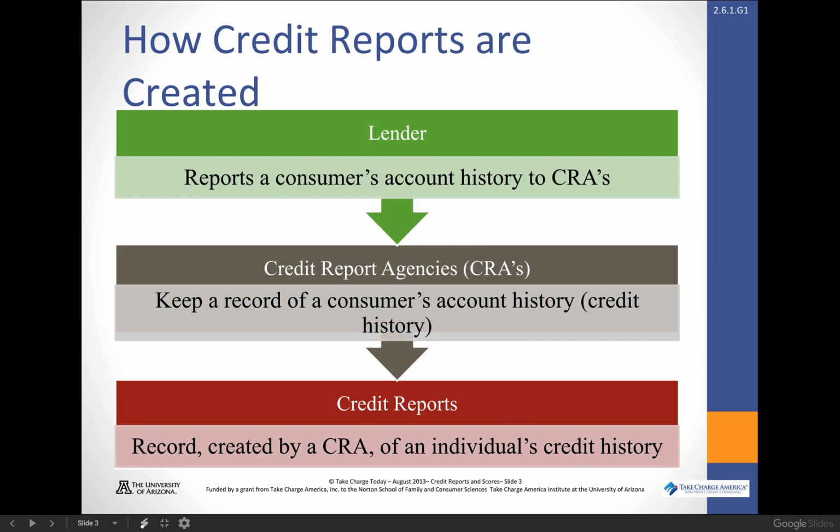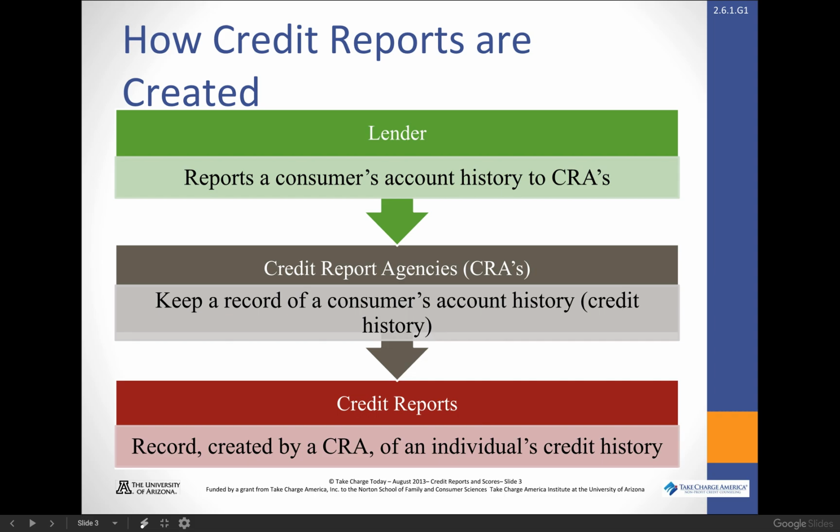In order to have a credit report, the lender, so the company or organization who is allowing you to borrow that amount of money, is going to report your account history to a CRA. And a CRA just means that they are a credit report agency. Each individual lender, if I have five credit cards, that means that I have five different lenders.